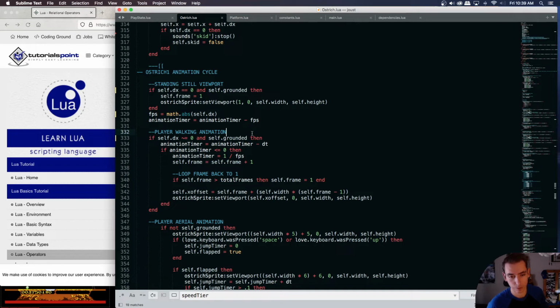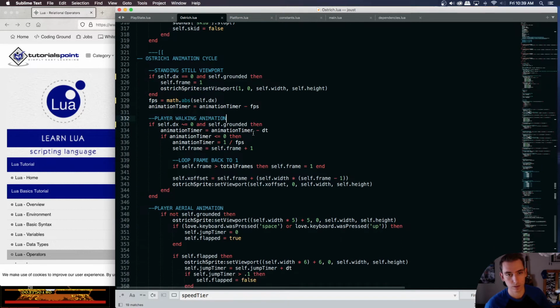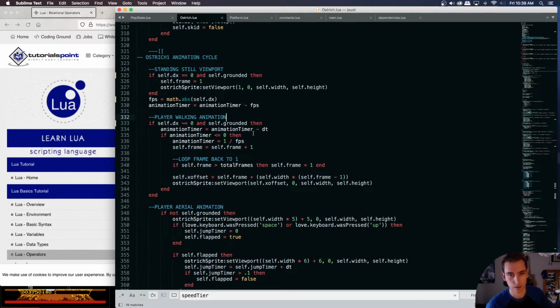It's not easy. So we're saying if our dx is not 0, meaning we're moving and we're grounded, then do your animation logic. Otherwise, if we're not moving, you're on your standing first frame.